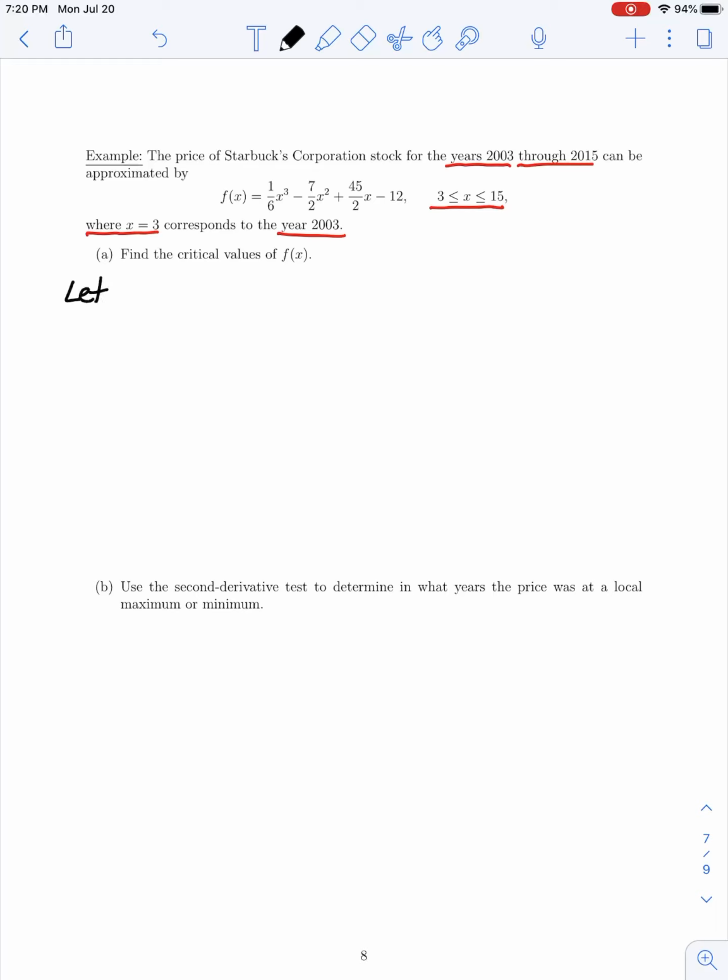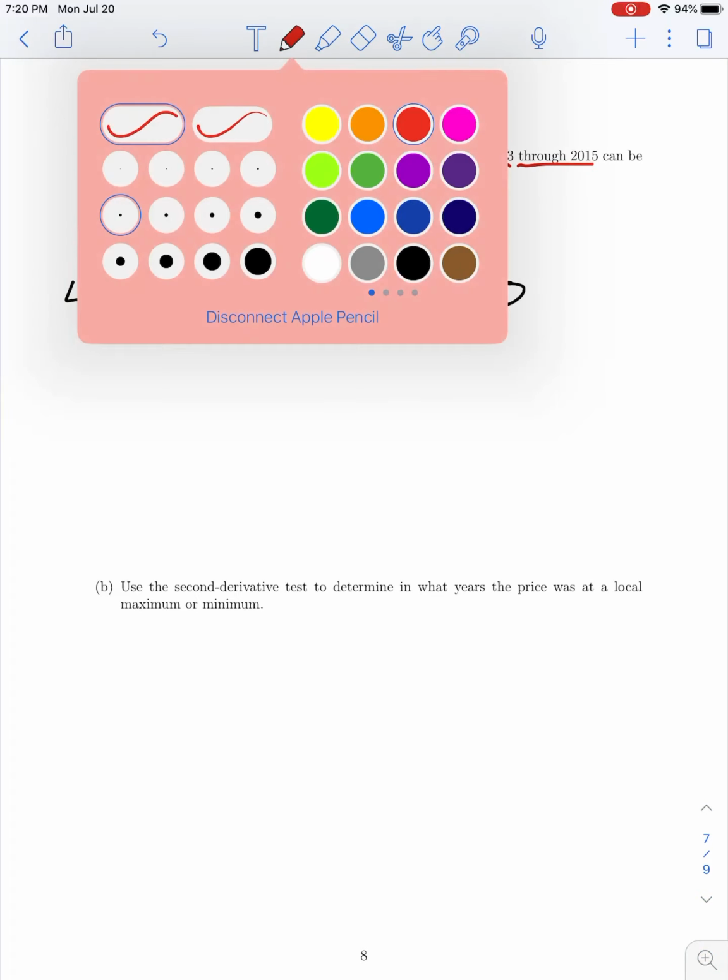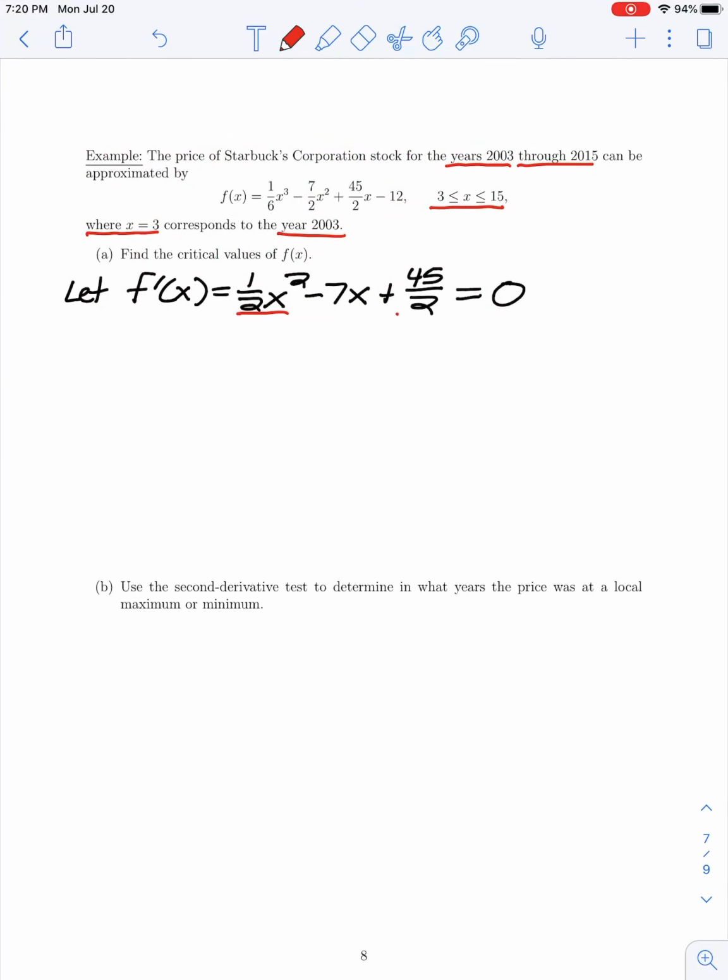So again, we're going to find our derivative, f prime of x, which is equal to 1/2 x squared minus 7x plus 45 halves. Now this function is defined everywhere, so the only critical values we would have are values which would make this derivative equal to 0. So here, to start, I don't like the fractions in this polynomial, the 1/2 x squared or 45 halves.